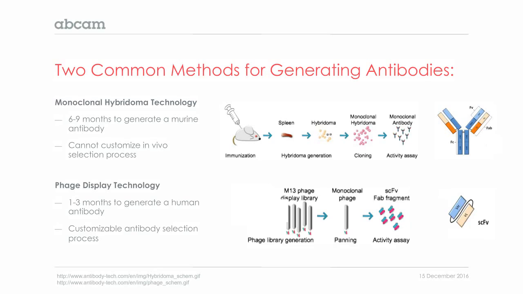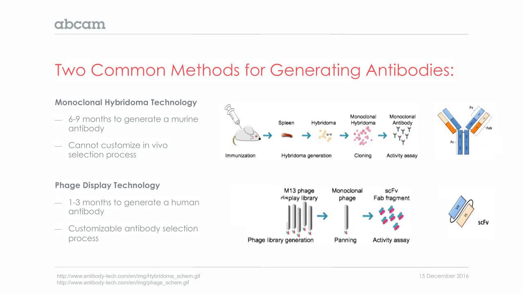So the second method to generate antibodies that's commonly used is what's called phage display technology. So in phage display technology, what you do is you take a whole library of different bacteriophage. So bacteriophage is just a virus that only infects bacteria. And in this library of different phage, each phage presents on its surface a different antibody fragment.